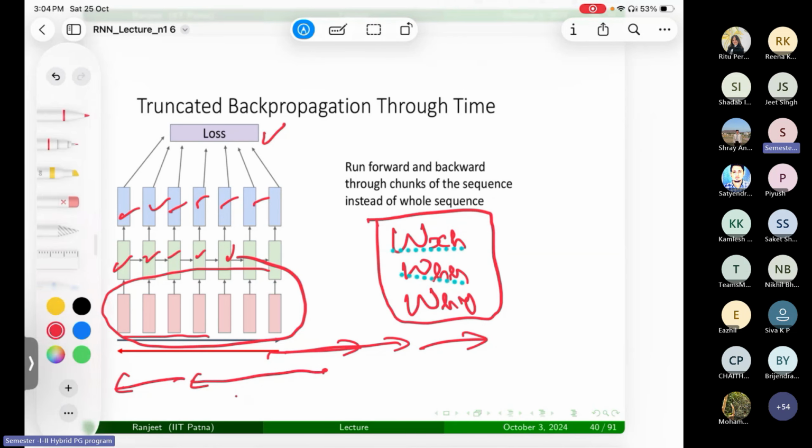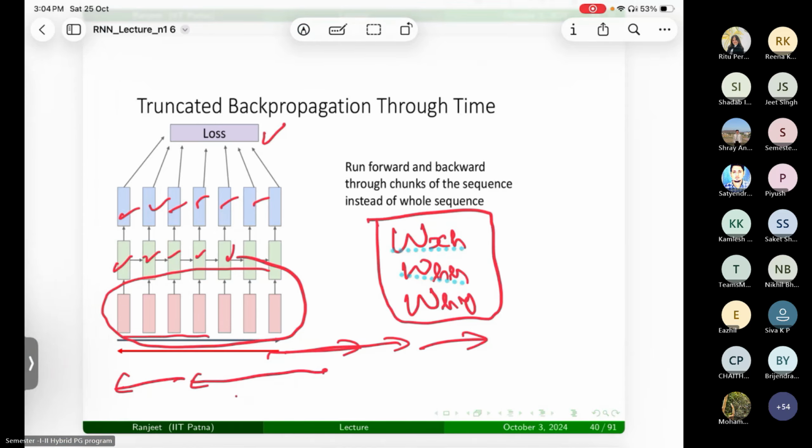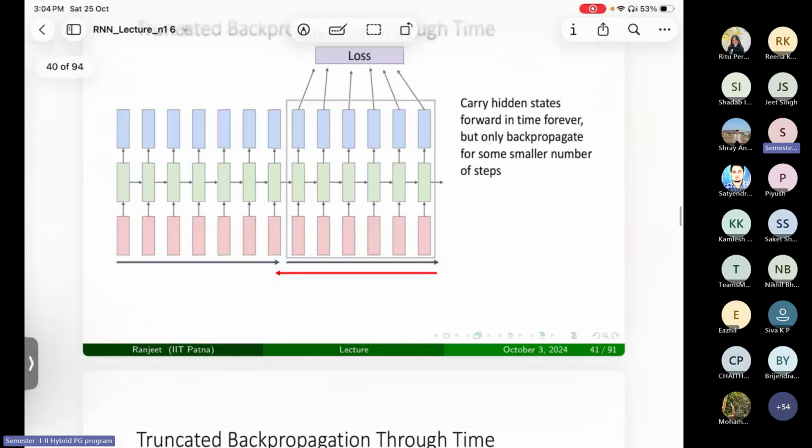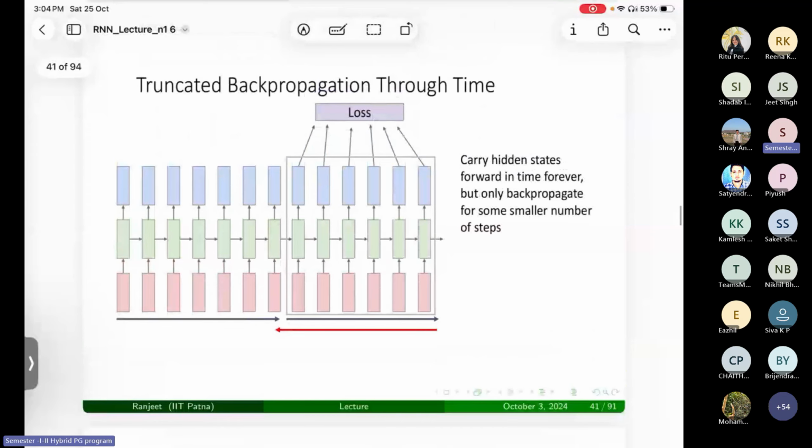Now suppose this part is done, then I'll go for the next chunk of words. This is the first part. Suppose we are processing the Corman book. We are processing n words of that book at a time and then going forward.